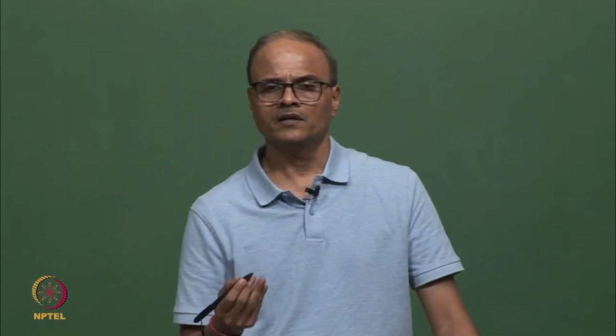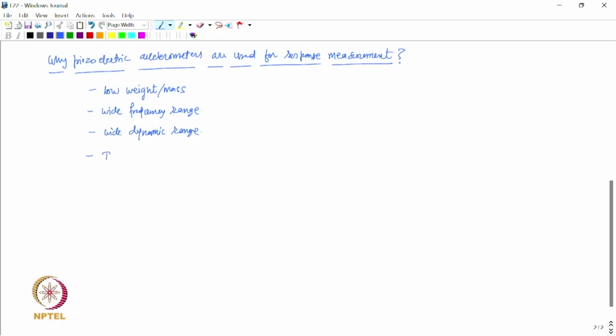And the other thing is that integration needs to be carried out to obtain displacement and velocity, right. So, if we have measured acceleration, then the displacement and velocity can be obtained by the process of integration.